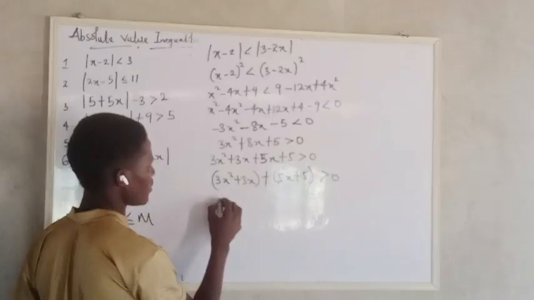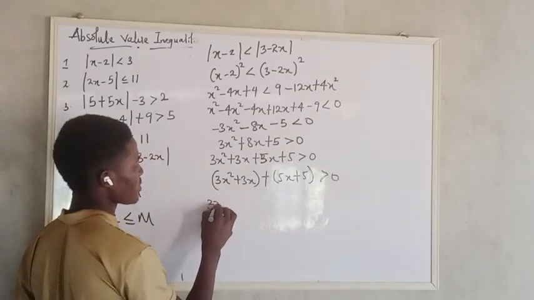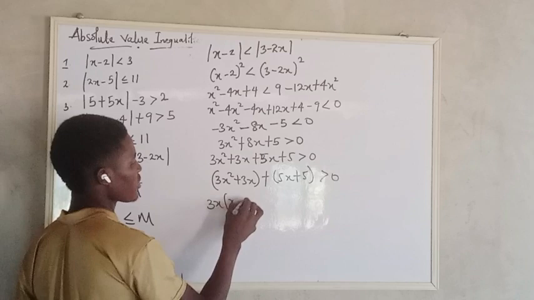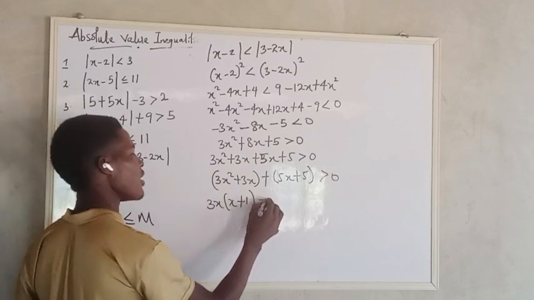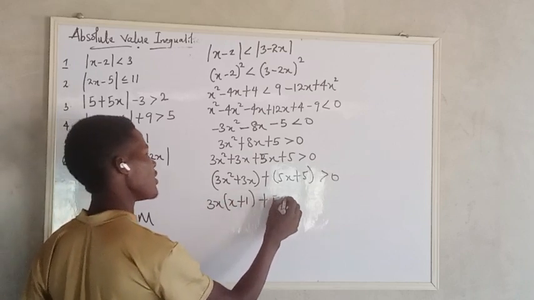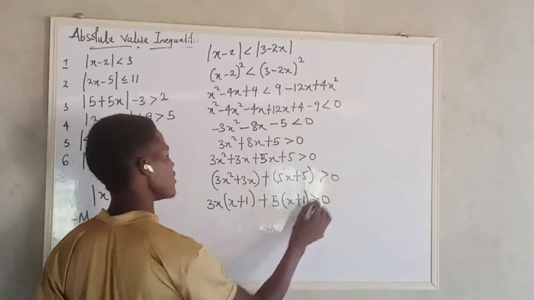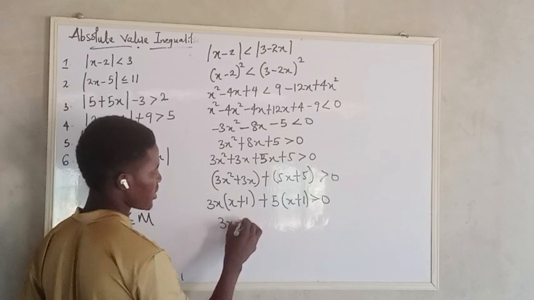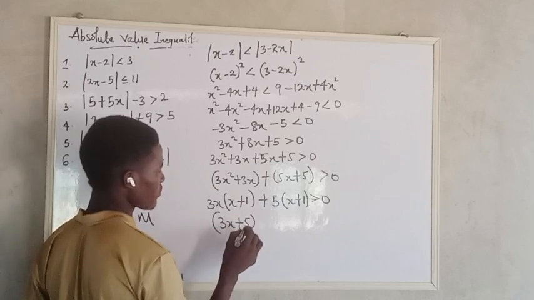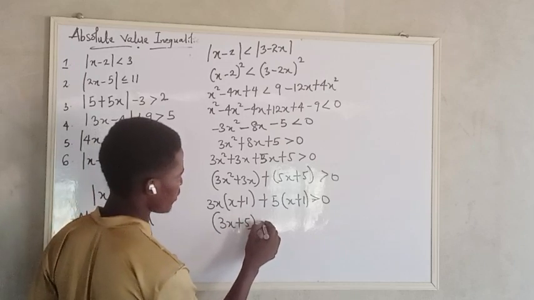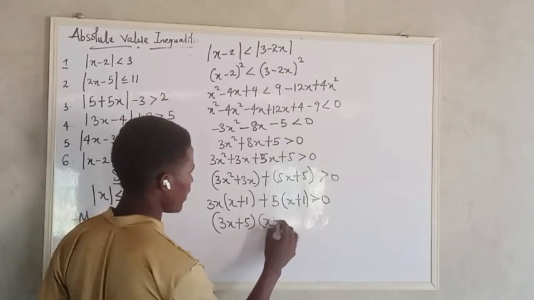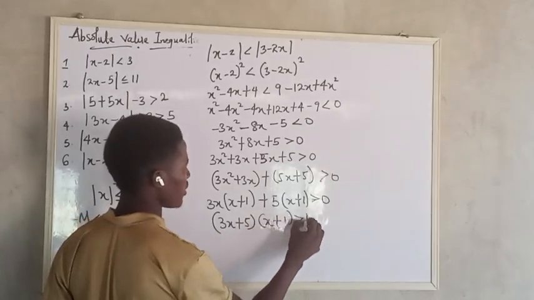So what's common between the first two is 3x, then this will be x plus 1. Then plus 5 is common here, that's x plus 1 greater than 0. So this will be 3x plus 5, then x plus 1 greater than 0.